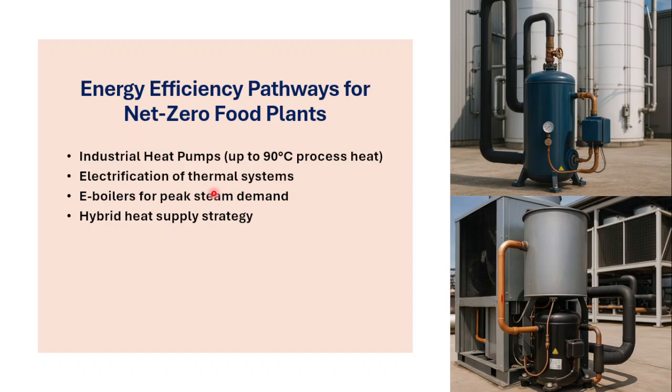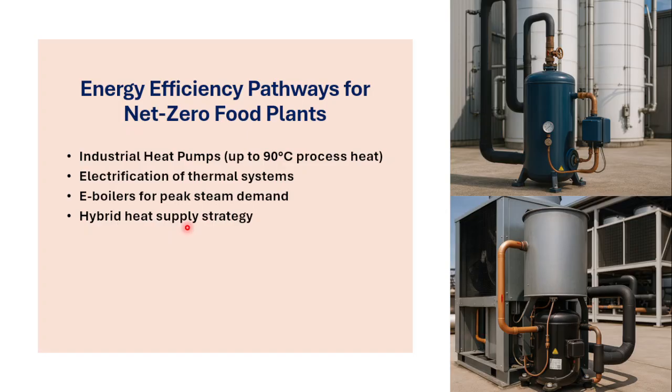For processes that need higher temperature steam or during peak demand, electric boilers, or e-boilers, can provide fast and flexible steam production. They are useful as a backup system. It means that we replace the gas boiler that is used at a higher temperature with the e-boiler.